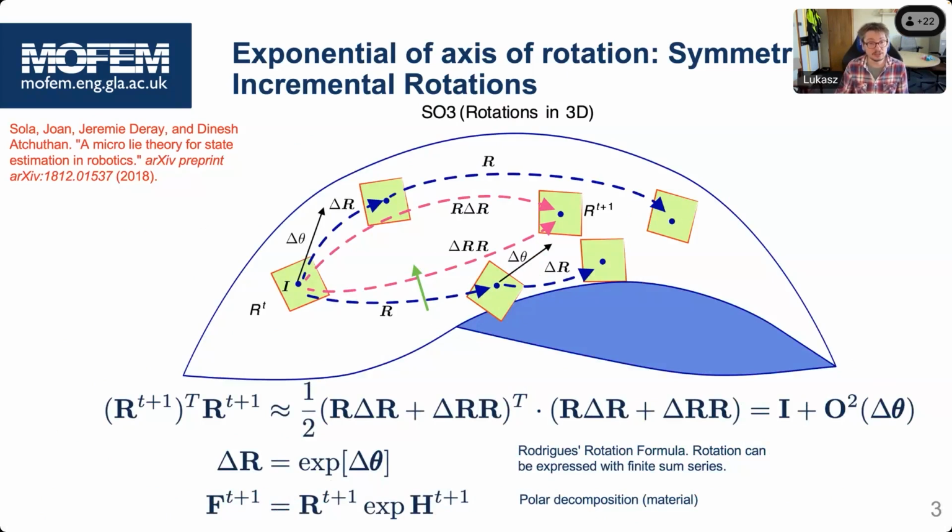If this is the SO(3) group, or manifold for the SO(3) group, you have the unit element in the SO(3) group, and then you have an increment of the rotation in the Lie algebra space by angle delta theta, and then you compose it with the existing rotation, but you can arrive at another point in a different way.